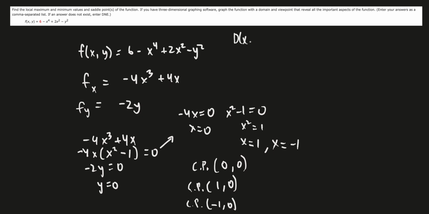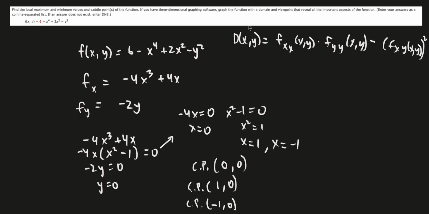Let's find D of x y. This is going to help us figure it out. This is the second derivative test. So we have f_xx at (x,y) times f_yy at (x,y) minus f_xy at (x,y) squared.